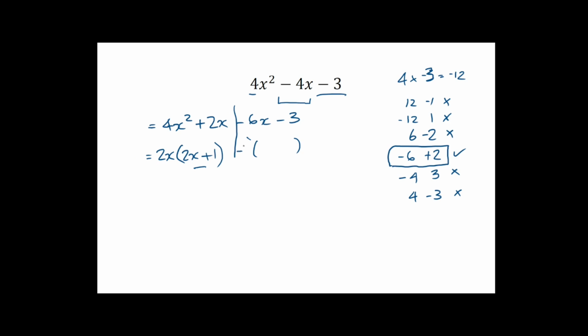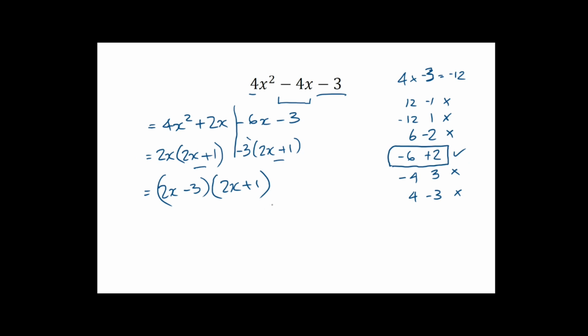Yep, -3 is a common term there. So -3 times what gives us -6? Well, it's 2x, it's looking promising. -3 times what gives us -3? Well, it's +1. Same thing, we're on the right track. Let's combine those terms. And we're done.